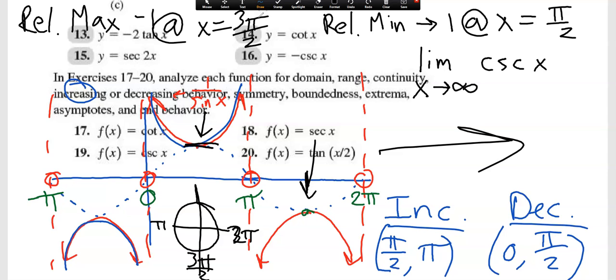Well, you got this one right here, and over here you got another one, and another one, and another one. No. So what does that mean? The limit does not exist. Thank you very much.